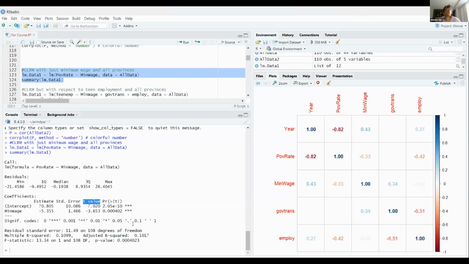The essence is that your t-values tell you how statistically significant this estimate is. You only take the absolute value. You don't care about the negative sign out here. So if you have a high t-value, that means this coefficient estimate is reliable.